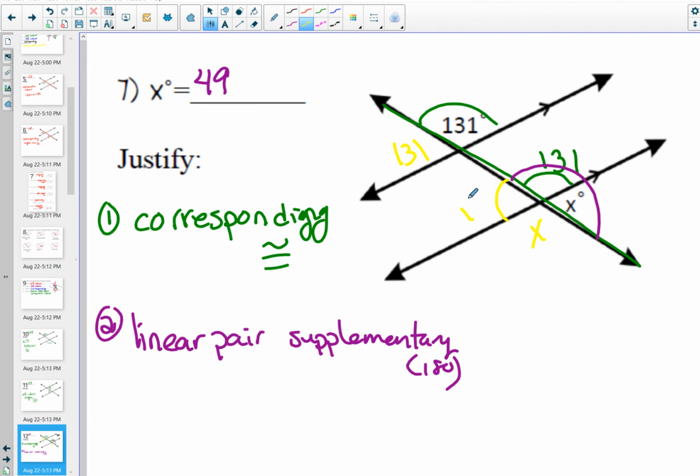Here we would still say 131 because these two are corresponding. Then step 2, these two make a linear pair. So in any circumstance, sometimes you're going to have to do more than just one step. You're going to have to work through and reason your way through some of these.